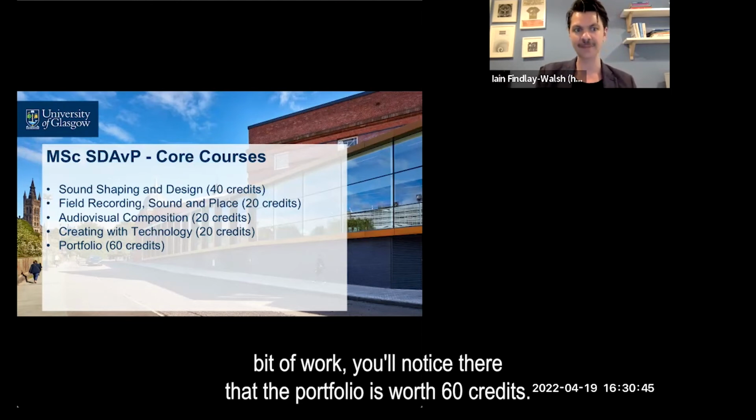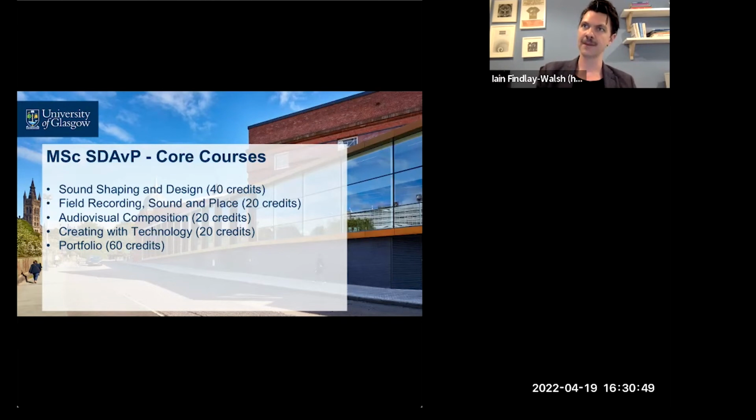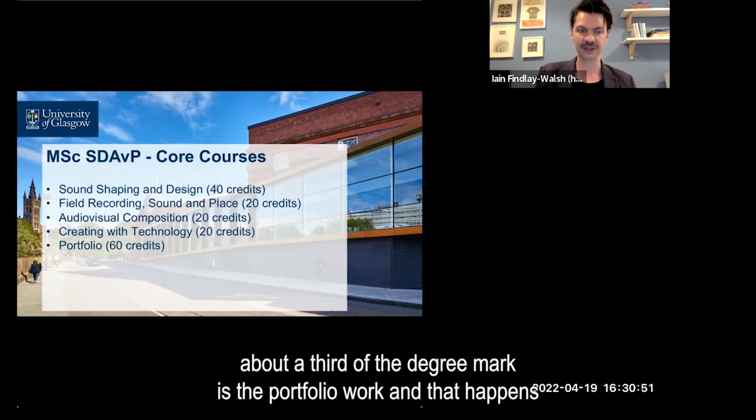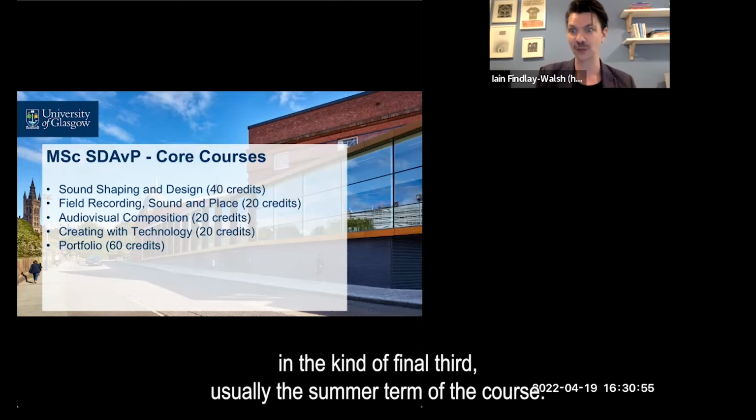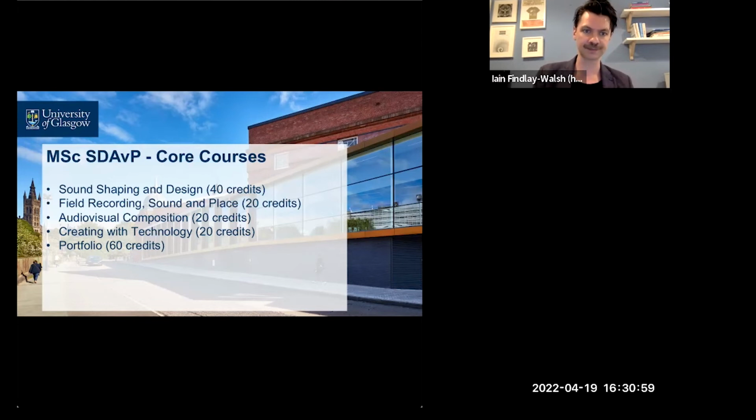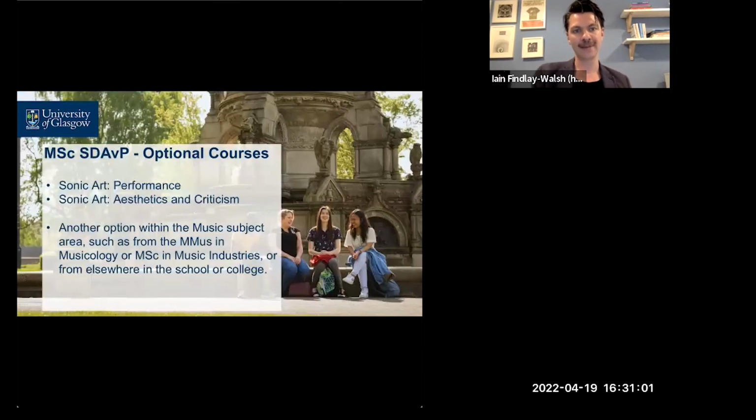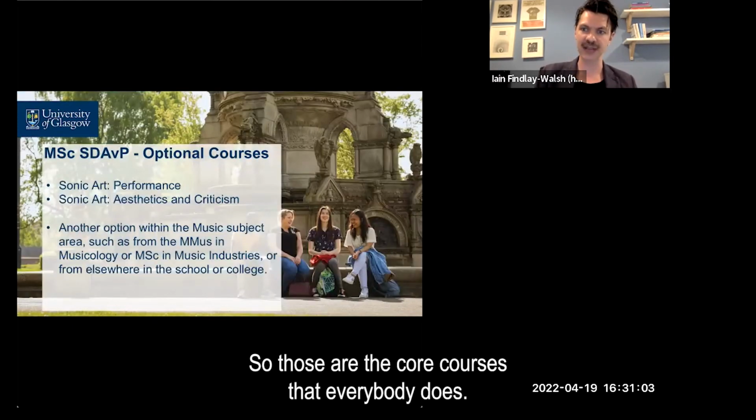You'll notice there that the portfolio is worth 60 credits, so that's about a third of the degree mark, and that happens in the final third, usually the summer term of the course. So those are the core courses that everybody does.